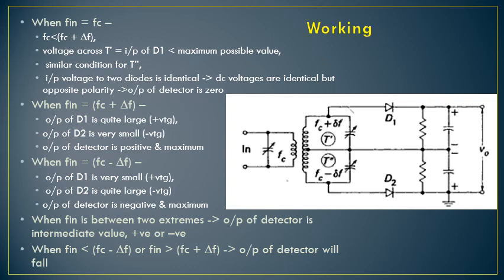But this particular drawback can be taken care if I use one amplitude limiter circuit before this input. So before giving in FM signal input here to the balance slope detector, before this I will use one amplitude limiter. Now what is the job of amplitude limiter?